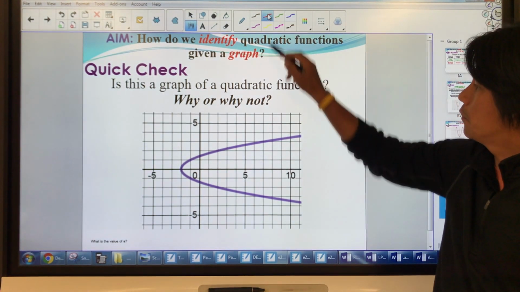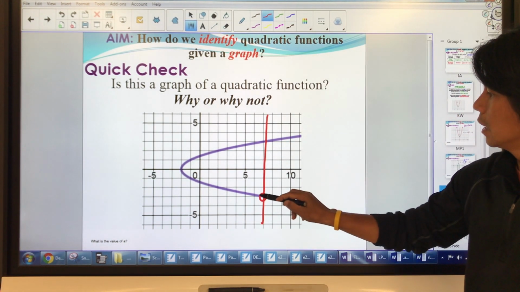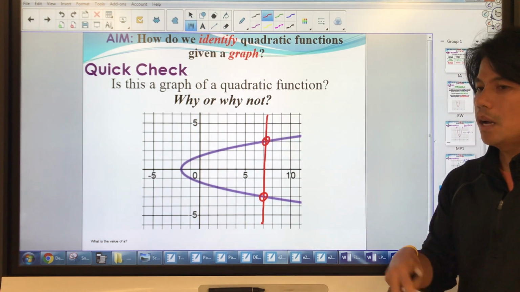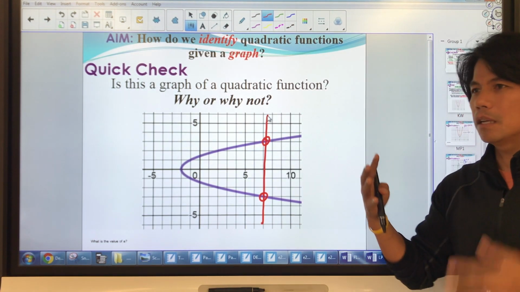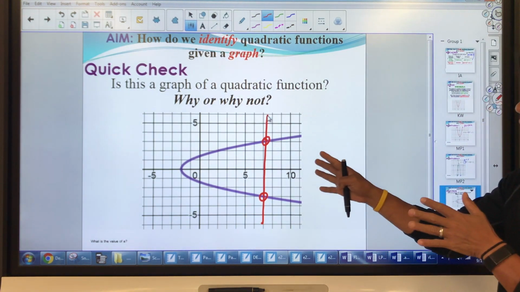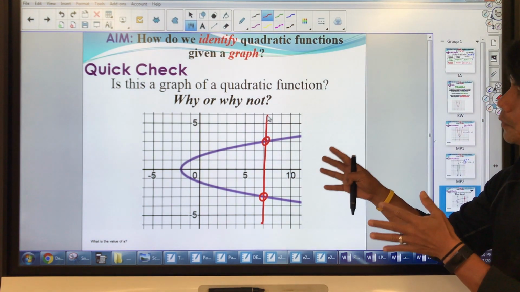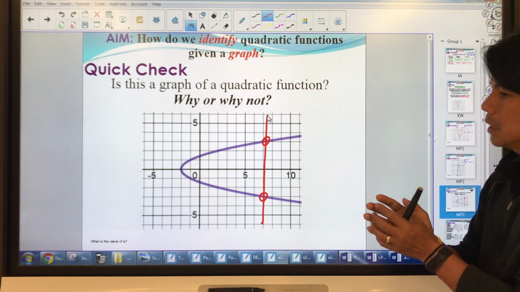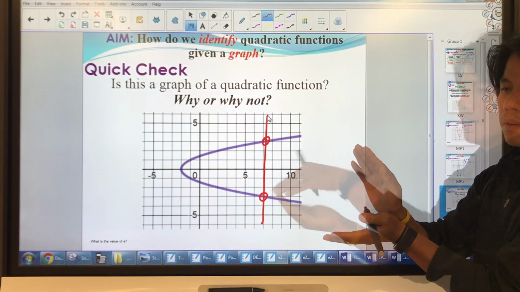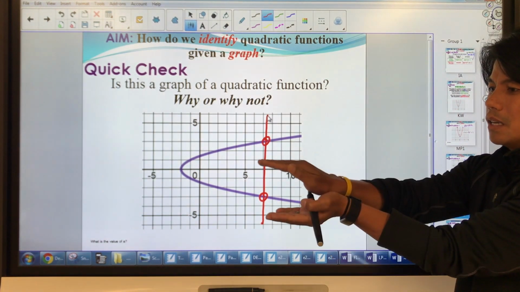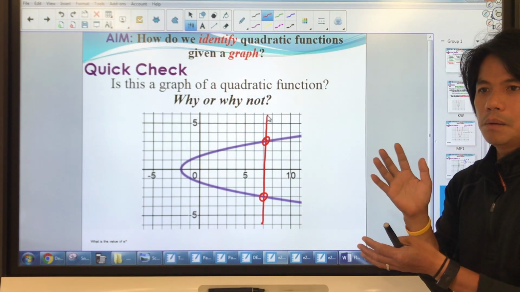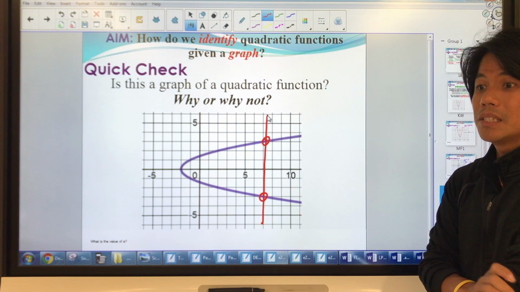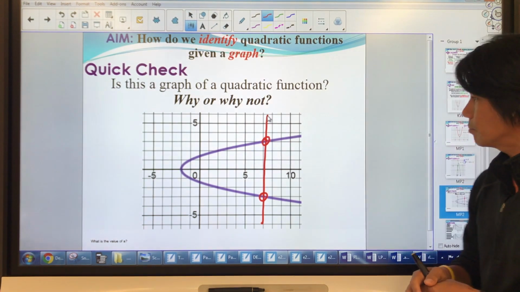If I'm going to draw a vertical line test, it passes through the graph twice, but that's a different topic. In other words, to make the long story short, it's not a parabola, it's not a graph of a quadratic function, because it opens sideward. So if the graph opens to the left or to the right, then it's not a quadratic function. It's not even a function.